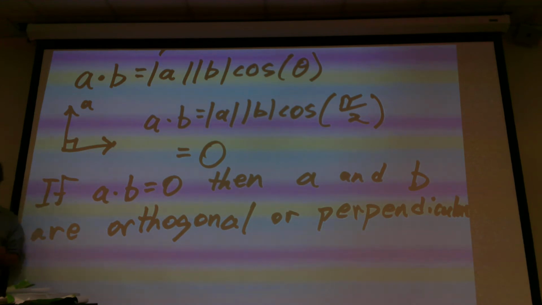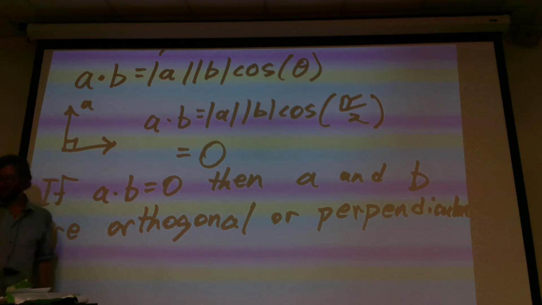If you have two vectors that are perpendicular to each other, then their dot product is going to equal 0.